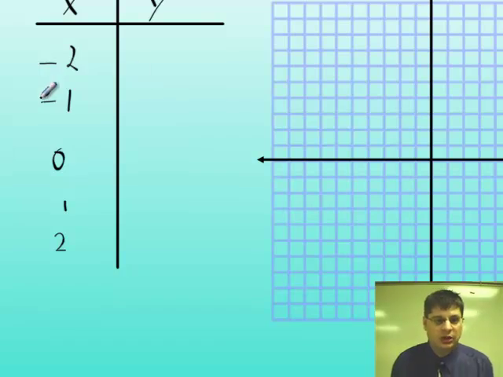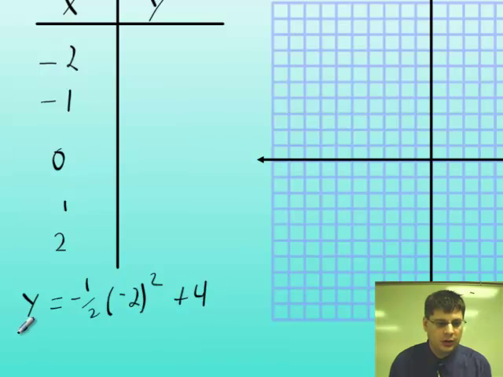Let's say we'll start with negative 2. So I want to find what y is when we have negative 1/2 times negative 2 squared plus 4. So y is equal to negative 1/2 times 4 plus 4.